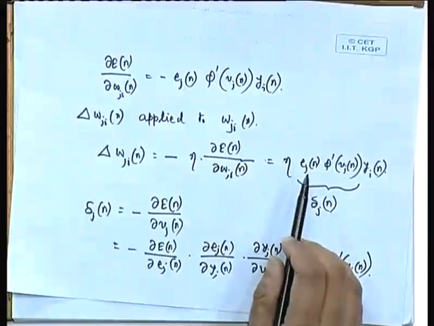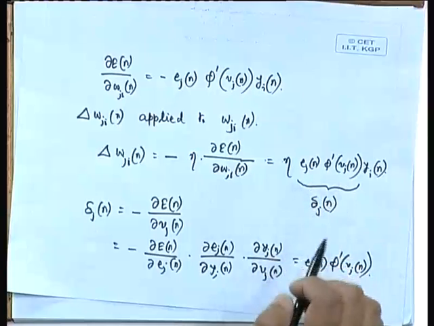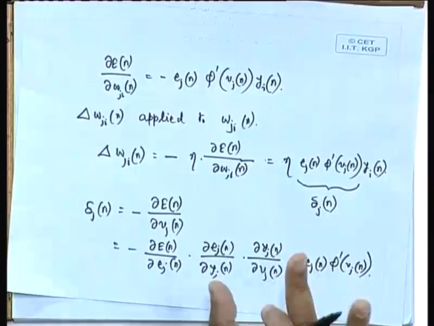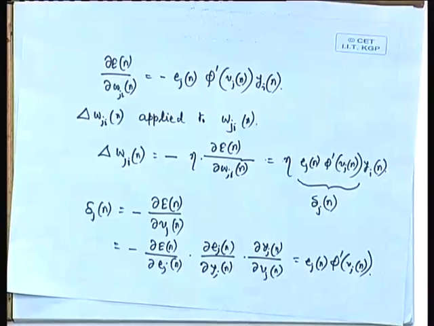You do not know it because you are not supplied with the desired output for any hidden neuron, because a hidden neuron does not have any desired output like thing. So, you will have to calculate this delta j in some other manner, and that is what we are going to show in the analysis that is going to follow.